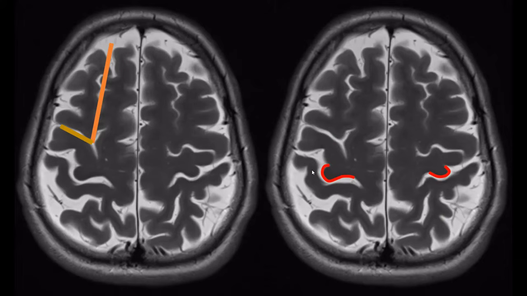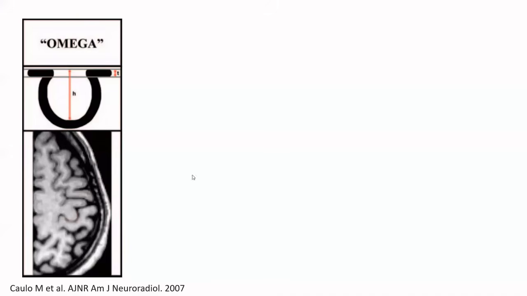So this knob is often visible and can be used as a way of identifying the precentral gyrus. This is sometimes also called the inverted omega because it looks like an inverted Greek letter omega, but there is also some variability in the shape of the knob.